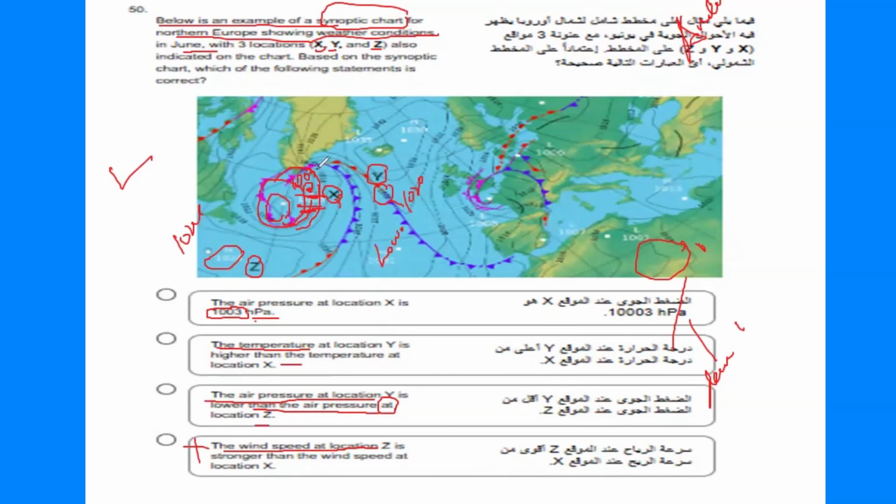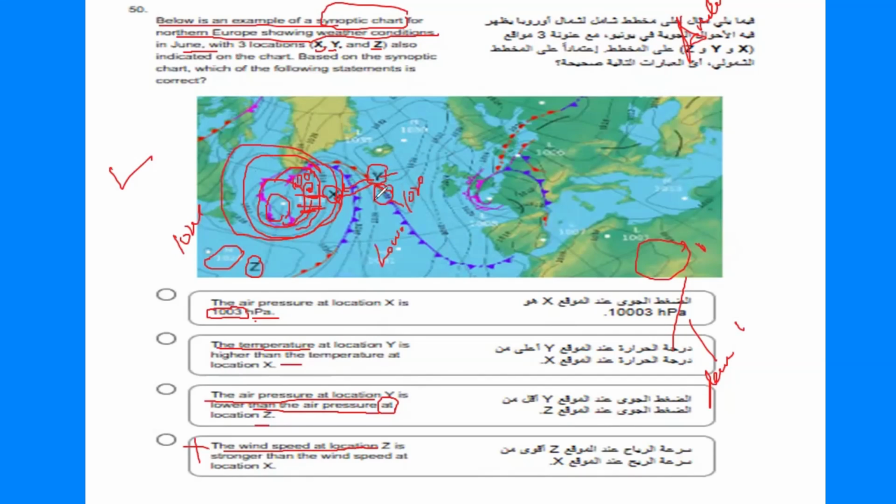But if you look at this, as I said, it's anti-clockwise. You can see here the location of Y is quite further than X, right? So if the air pressure of X is less than 1003, definitely Y's air pressure is lower than X as well. How do we know that?